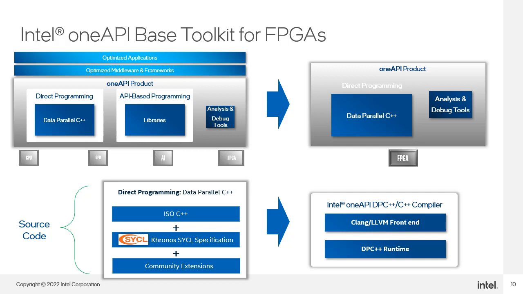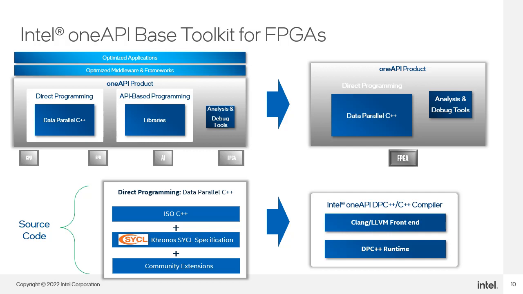All of the source code you will develop for your design will be written in DPC++, a combination of modern C++, version 11 or higher, and SYCL 1.2.1 and higher. We will look at DPC++ in the next section.